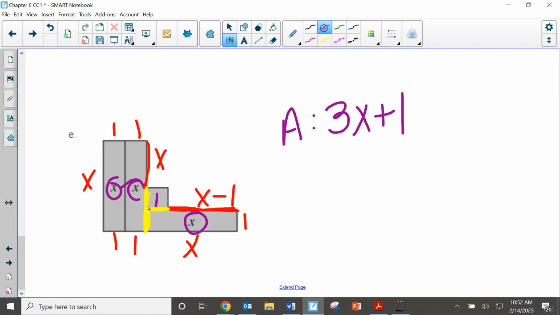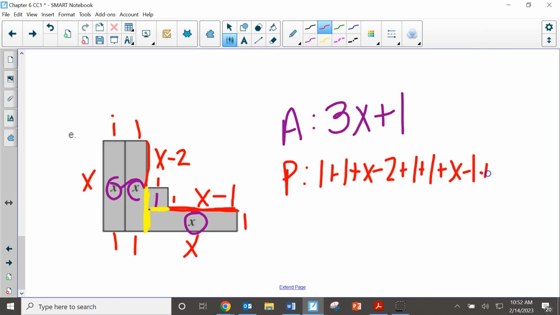So this side is going to be x minus 2. And then don't forget about these little ones right here. Okay? So for my perimeter, I'm going to add up all my side lengths. So I'm going to start here. So this is 1 plus 1 plus x minus 2 plus 1 plus 1 plus x minus 1 plus 1 plus x plus 1 plus 1.